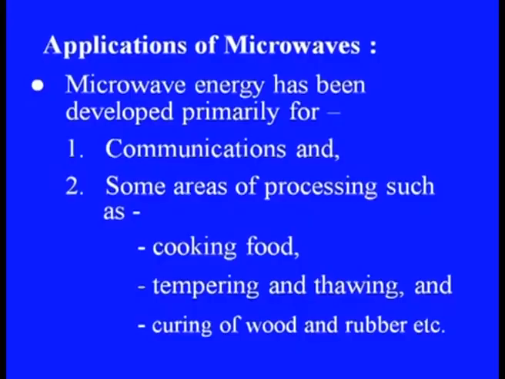Then another reason for which these microwaves were developed in the early years was food processing or cooking food, then tempering and thawing, then curing of wood and rubber etc. These were some of the earlier applications of microwaves.